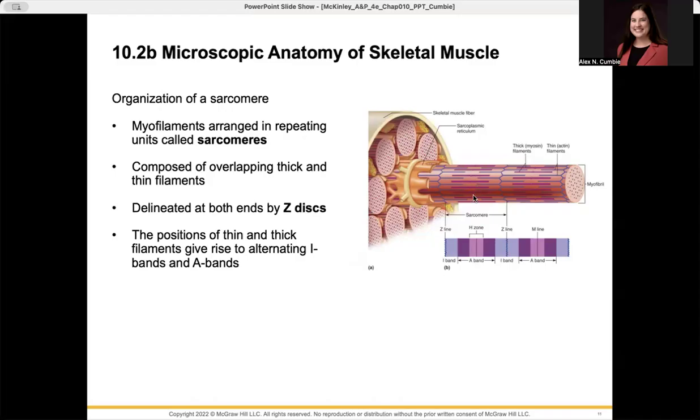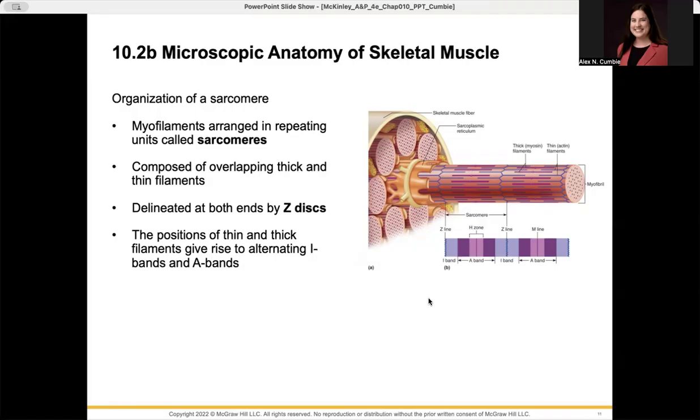So the thick ones are towards the center of this fiber, and then we have those thinner actin ones. These are placed together in little square sections, if you can see this whole section here, where we have naming of different zones as well, which we'll get into.